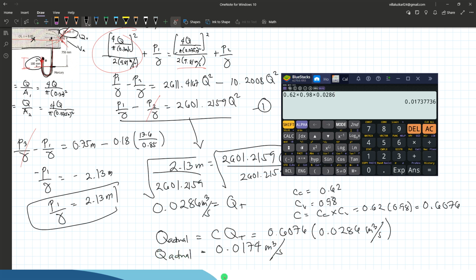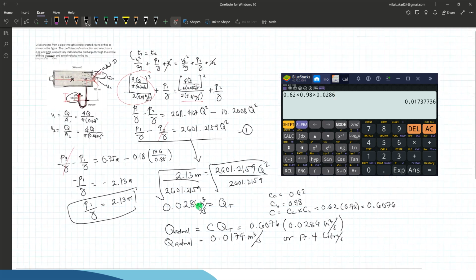That's the actual discharge. Or in liters per second, just multiply by 1000: 17.4 liters per second.